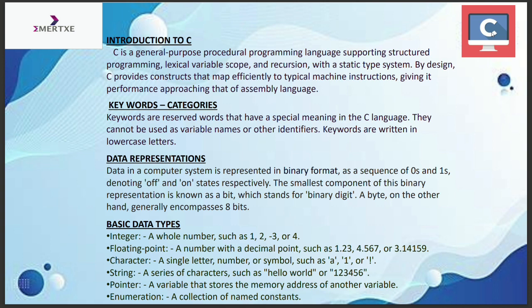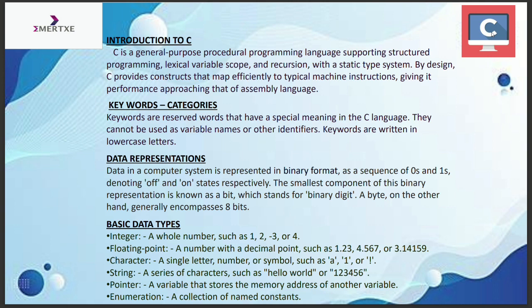Basic data types. In the C programming language, there are many data types, and we want to discuss some of those. First one is integer. Integer is a whole number such as 1, 2, -3 or -4. Whole number means 0 to infinity or 0 to minus infinity.